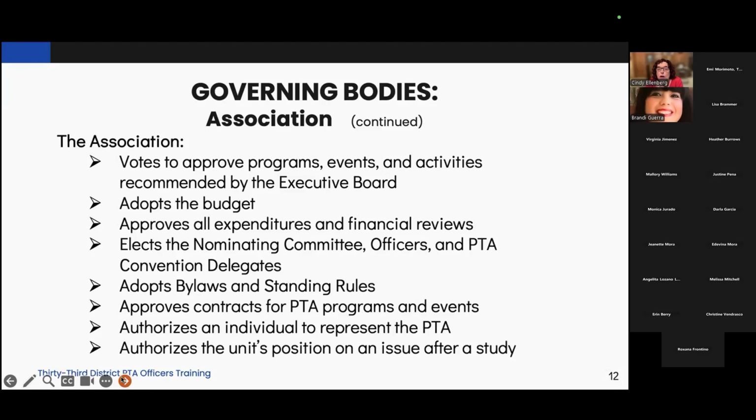They approve contracts for PTA programs and events. While the president is the person that signs the contract, it is only after the approval by the association to move forward for the contract. The association authorizes an individual to represent the PTA, whether it be at the school board, at 33rd, at your council, or at convention.